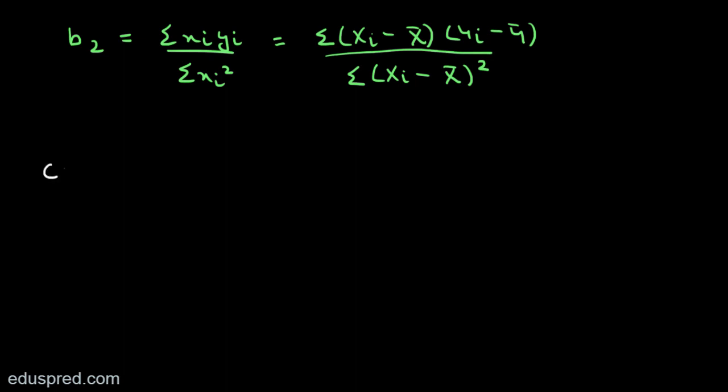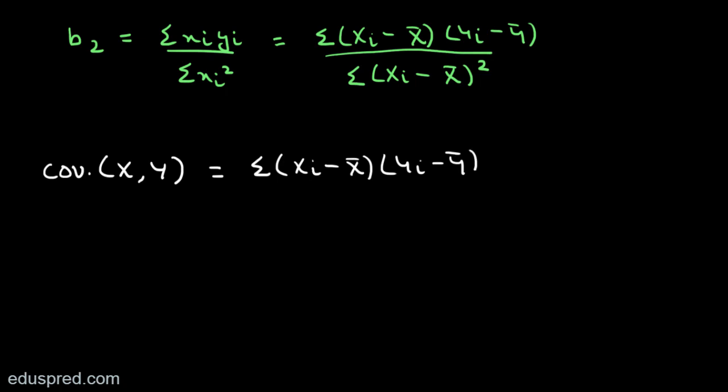Note that we are working with a sample, and I believe that you know that if we have to find the covariance between x and y, and if we are dealing with the sample, then the formula to find covariance is summation xi minus x bar multiplied by yi minus y bar, and these are capital letters, divided by n minus 1. I hope you know this from your basic statistics.